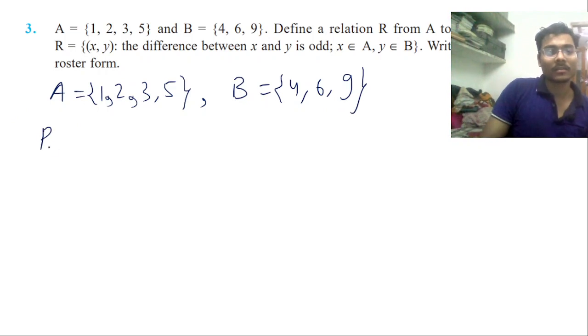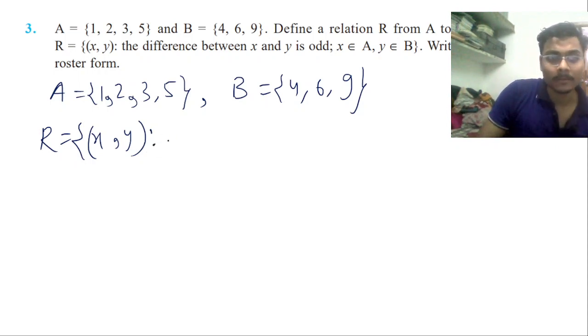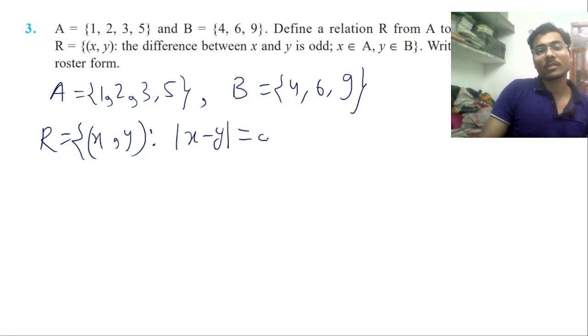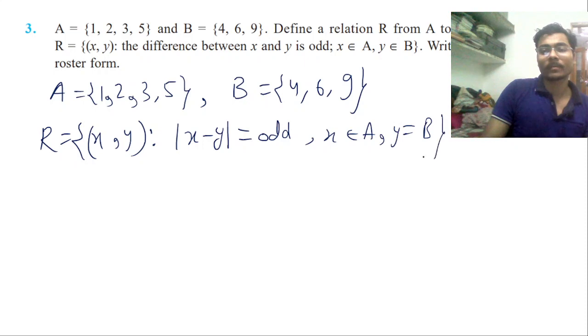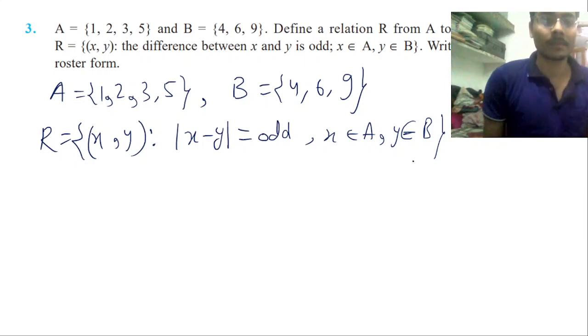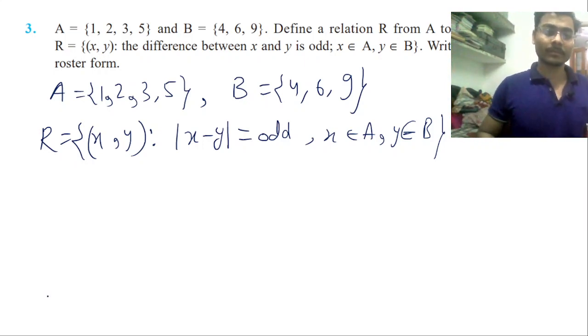And they are saying that (x, y), so the difference, the modulus of x minus y, is an odd number, where x belongs to A and y belongs to B. We just have to write, okay.